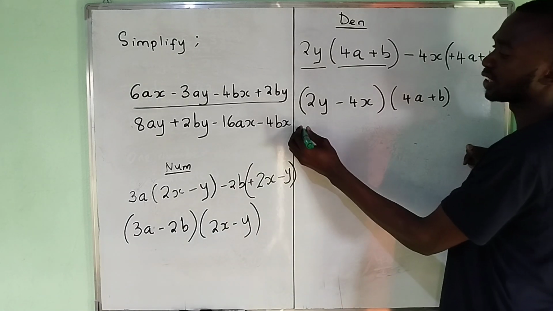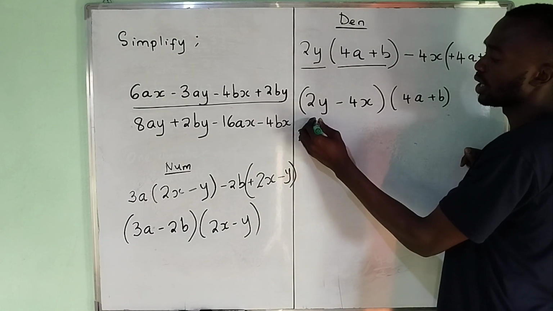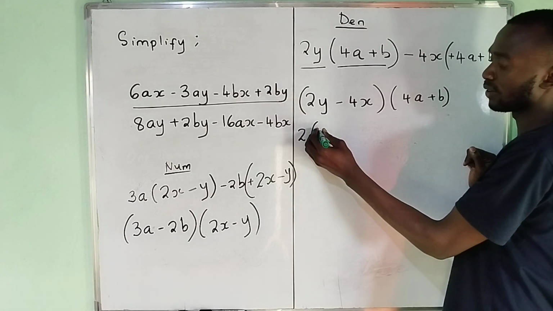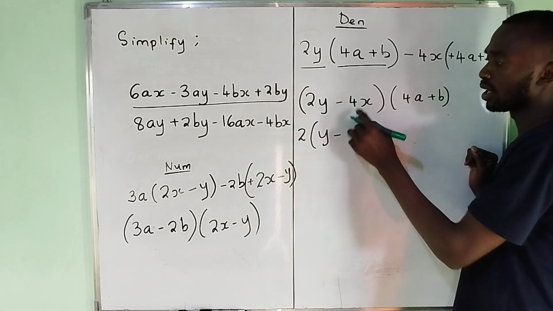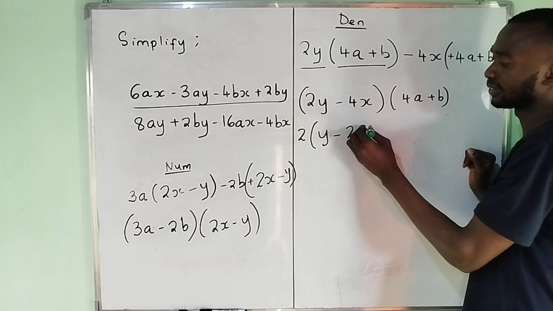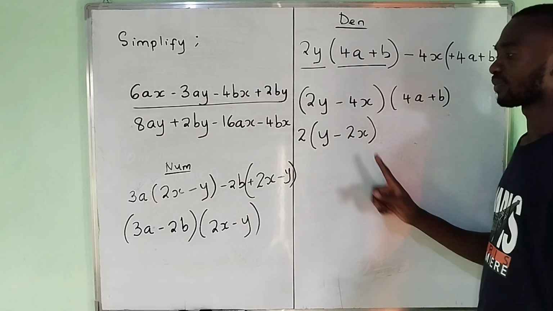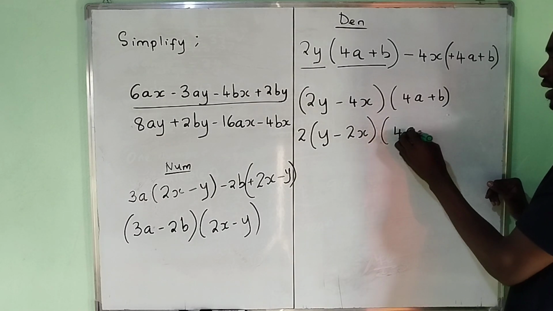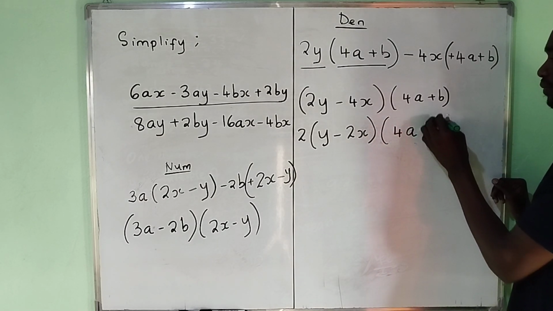So the common factor in the first bracket becomes 2 into bracket 2y divided by 2, we are left with y, minus 4x divided by 2 is a 2x, close the bracket, into bracket 4a plus b.